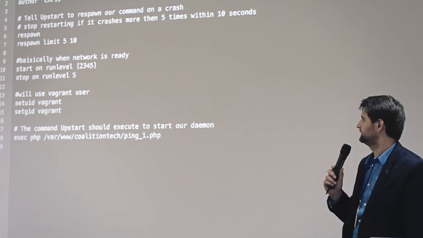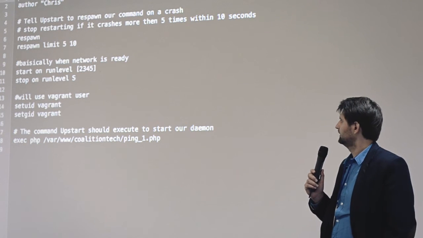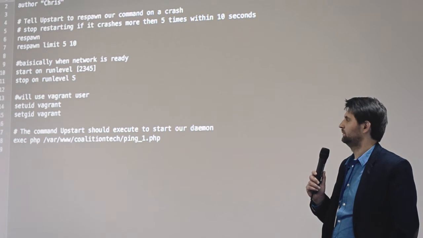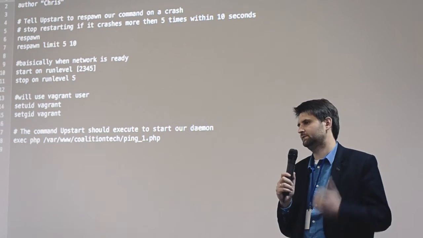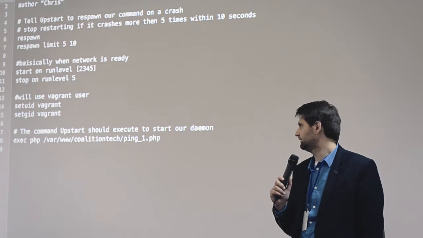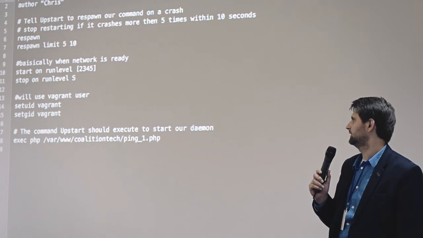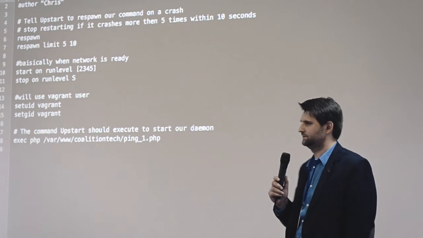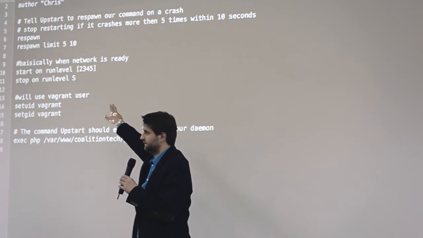We can configure this daemon by telling it when it should be run. My daemon was a ping server, so what I needed to do was run it when the networking is ready. The 10th line of the script does that.